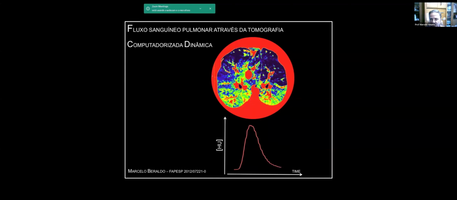It takes about 5 to 10 seconds, and the density of each pixel obeys a curve, more or less like this. Typically, the contrast has a very high density, and when it's diluted in the lung, it causes an increase in densities, about 50 Hounsfield units for each pixel.